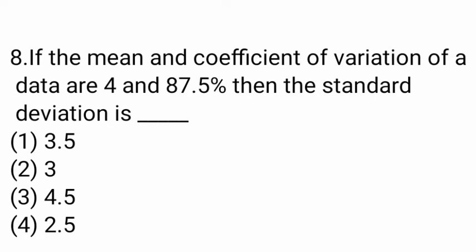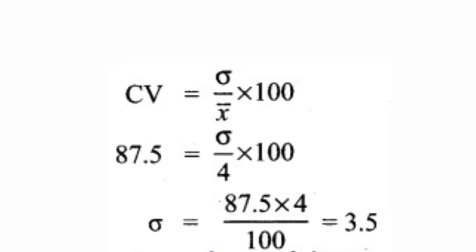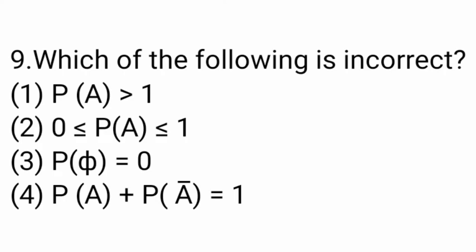Now find the standard deviation: CV into x bar divided by 100 equals sigma. So 87.5 into 4 divided by 100 equals the standard deviation. Therefore 350 divided by 100 is 3.5. Therefore option is 1, answer is 3.5.